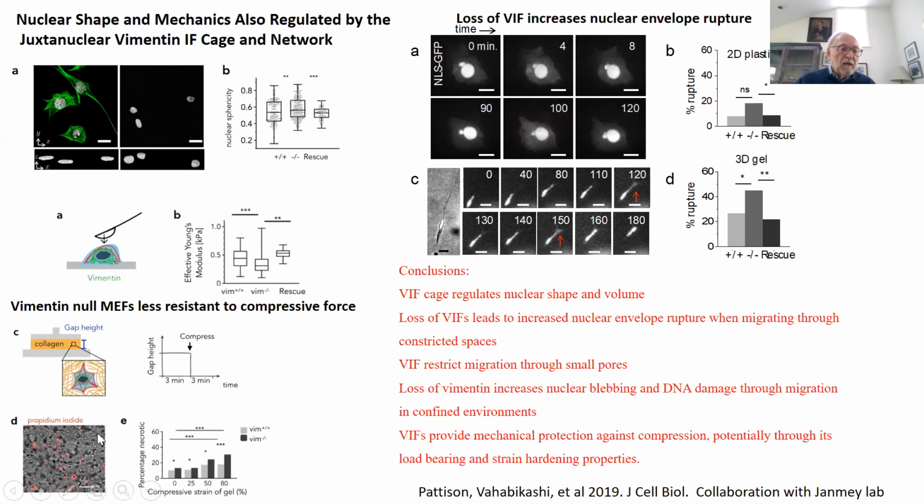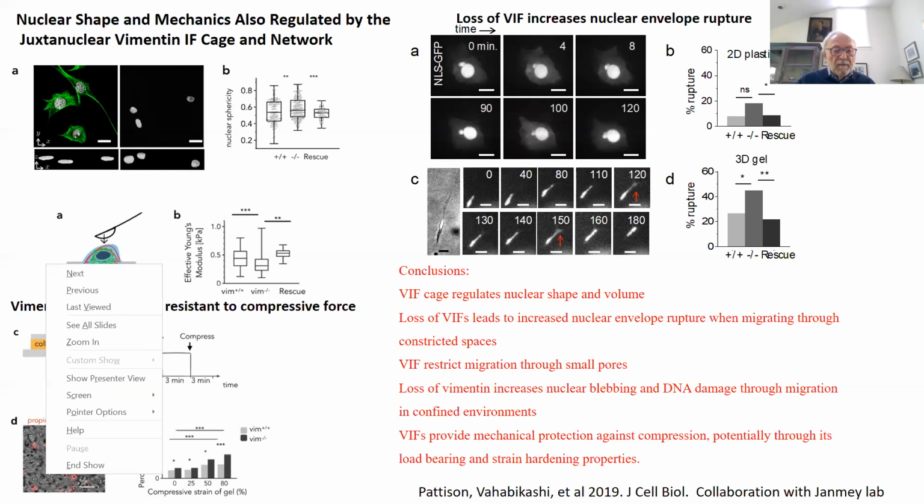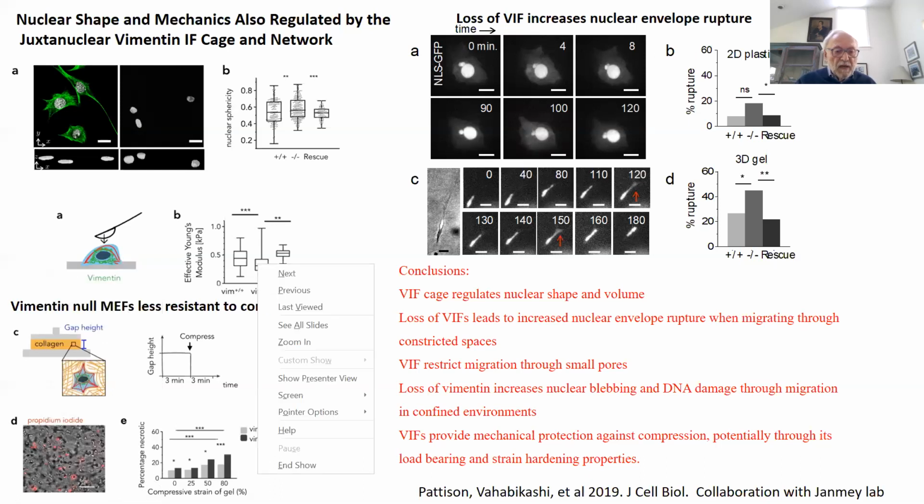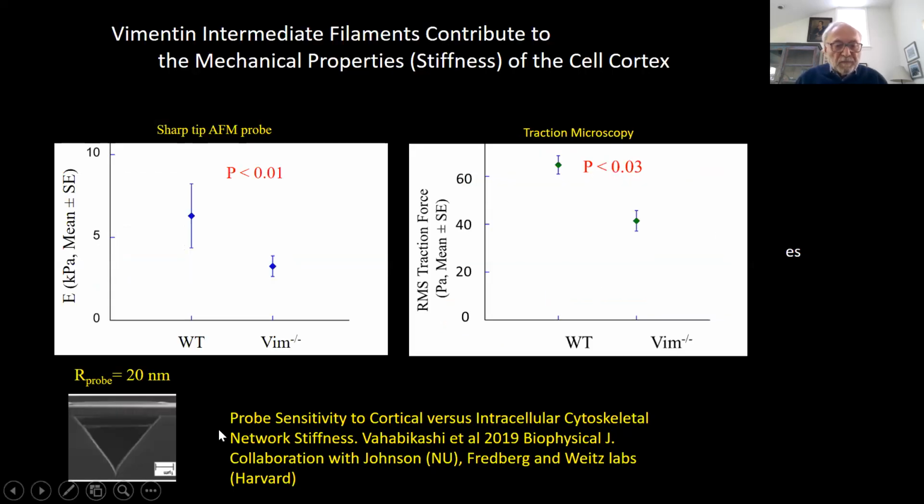And we see under 80% strain, as you can see here, that many more cells die of necrosis, as indicated by propidium iodide staining, than wild type. So Vimentin seems to play a major role in regulating nuclear mechanics in addition to the role of the lamins.